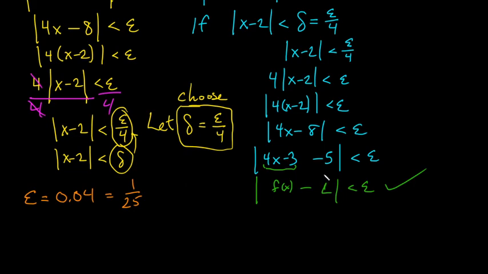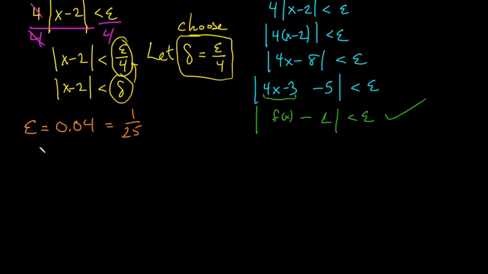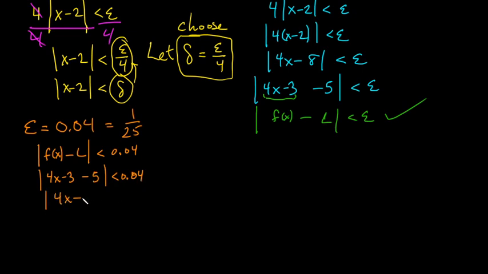Okay. So what that means is I want my function f of x minus L to be less than 1 over 25. I'll keep it as a decimal, 0.04. Right, now my f of x, of course, was 4x minus 3. My L was 5. Oops, 0.04. And so this is, right, 4x minus 8 is less than 0.04. Again, I can factor out the 4.